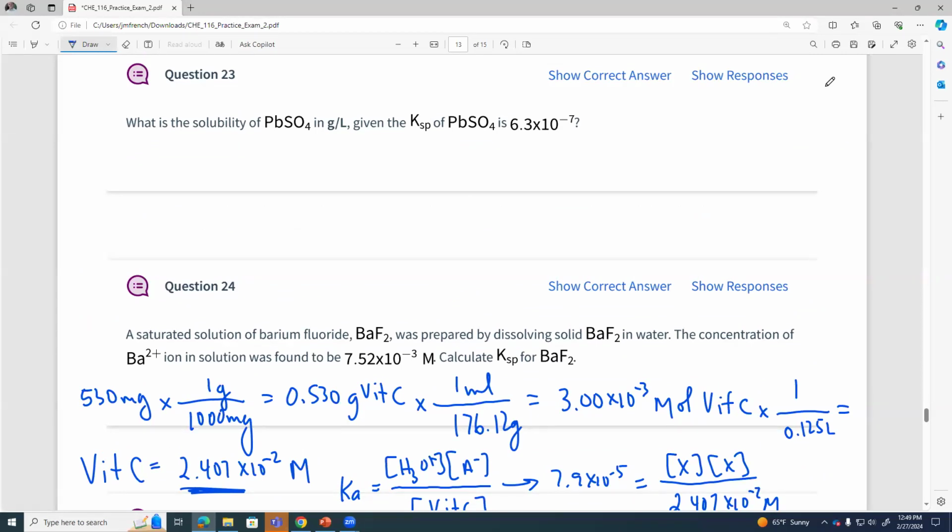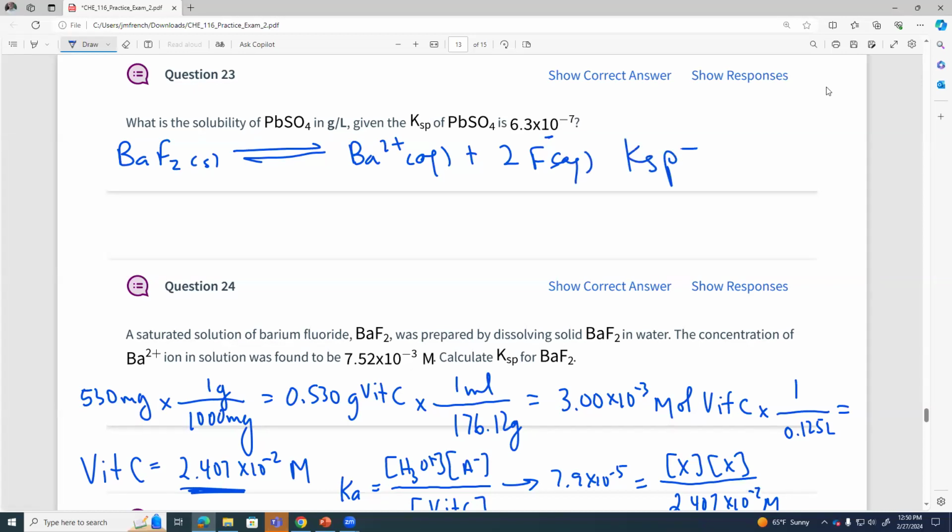Yeah, so question 24. Got barium fluoride. That ionizes and gives us barium 2 plus and 2 fluorides, aqueous. All right, our KSP would be the concentration of barium times the concentration of fluoride squared.